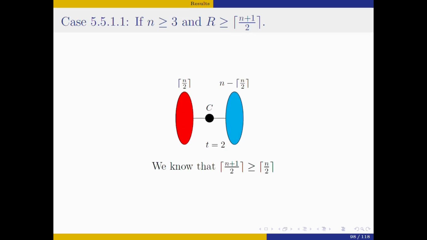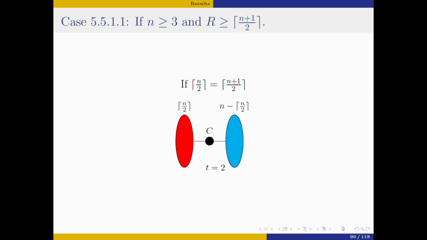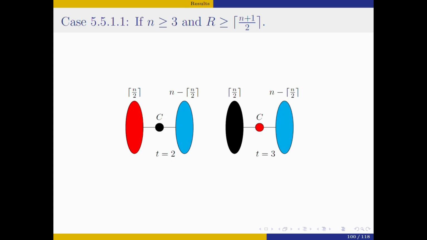We know that the ceiling of n plus 1 over 2 is greater than or equal to the ceiling of n over 2. Let's look at the case where they are equal. Then, in our next time step, the center will become infected again since it has R infected neighbors. Those that were infected will become dead and the healthy ones will remain healthy.